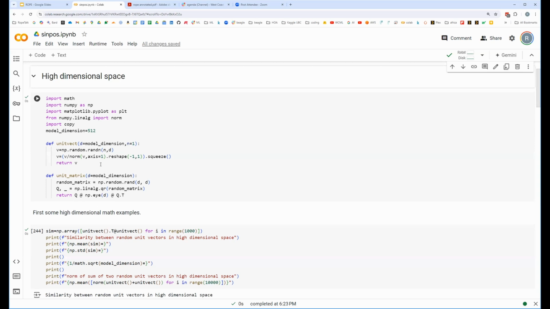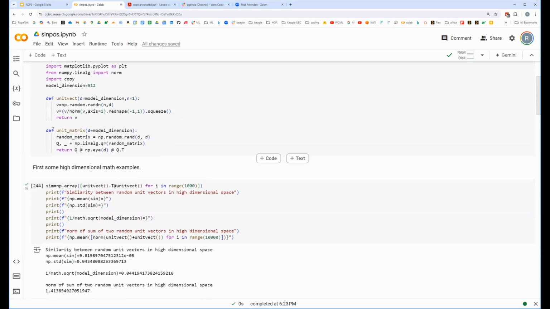I think this distribution gives an even distribution over the surface of that hypersphere. I also created a transformation matrix that doesn't change the norm of the vector. I don't know what the correct term for that is. Its eigenvalues are all one or something like that.